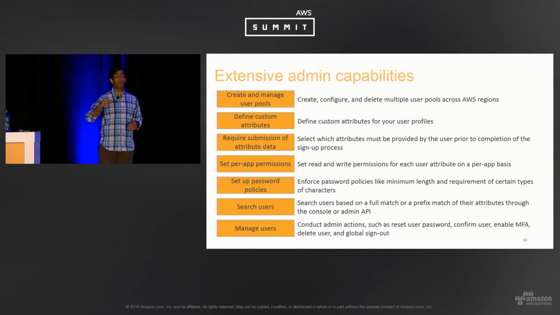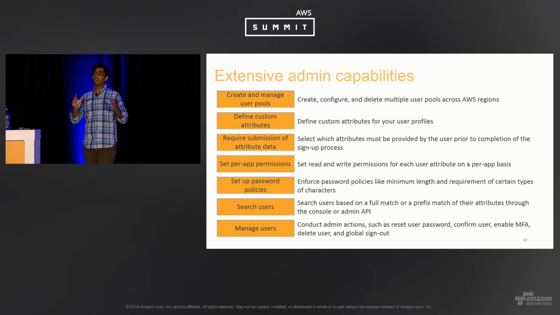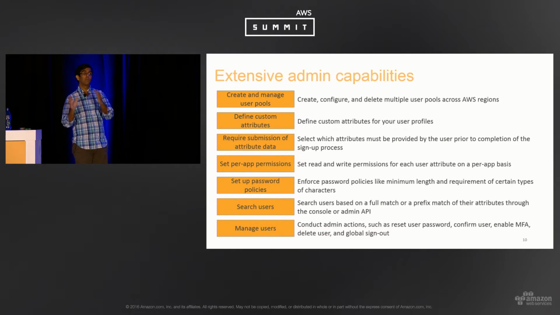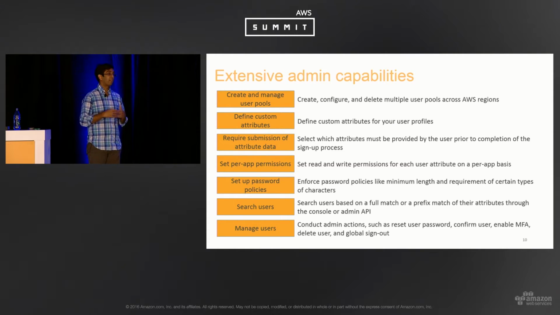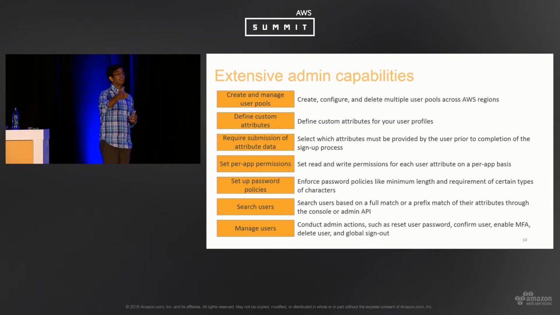What the set per app permissions allows you to do is enable some of those attributes to be writable by only a subset of those applications that are using the user pool. So you could have a membership status custom attribute, for example, that only certain applications can write to.